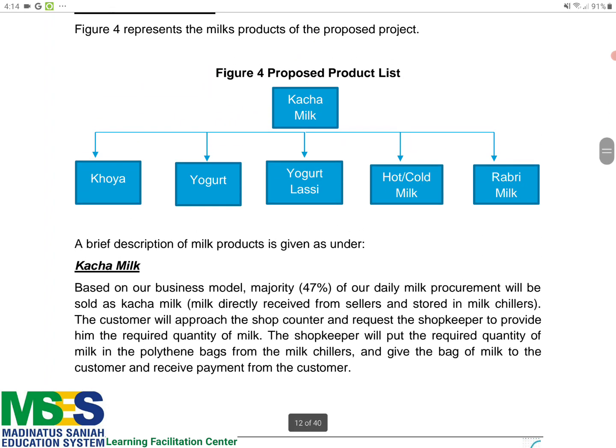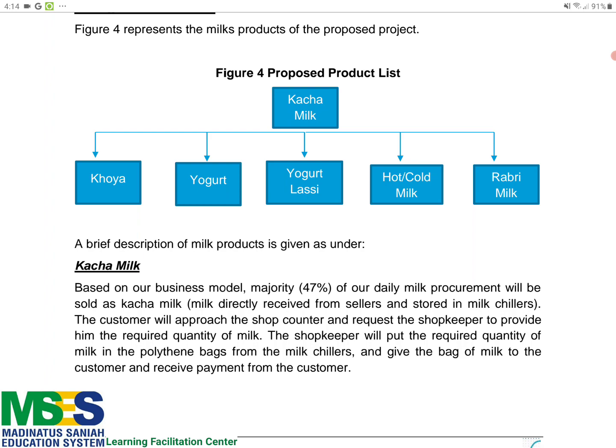What do we mean by kacha milk? Kacha milk is pure milk. And what are these products? These are some extra products from kacha dudh.